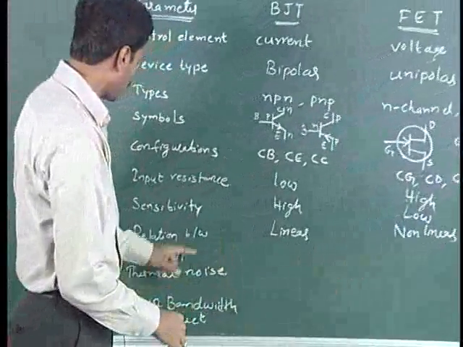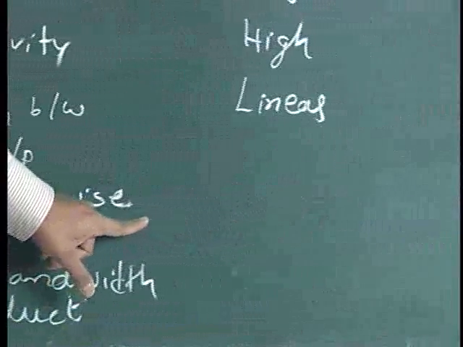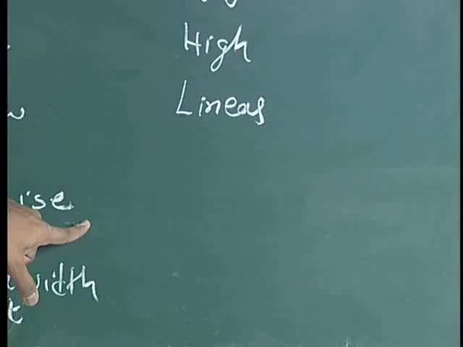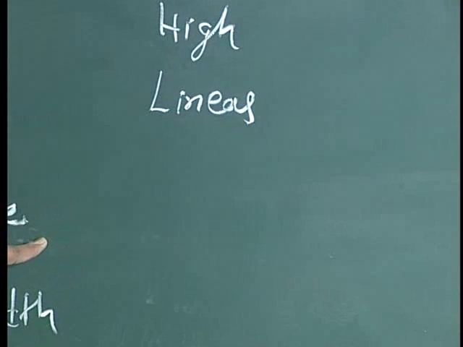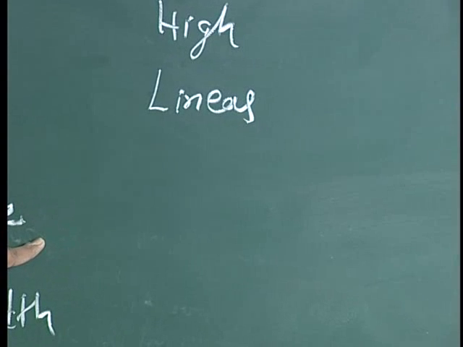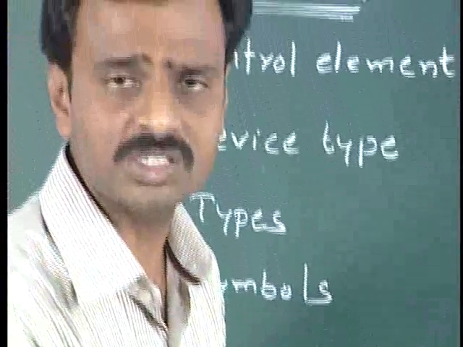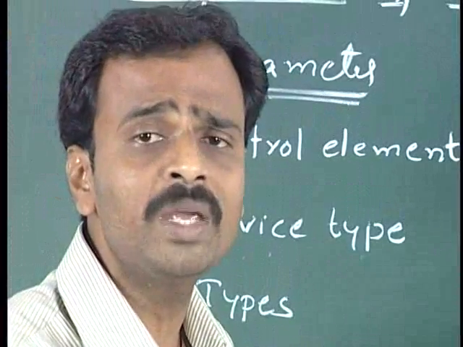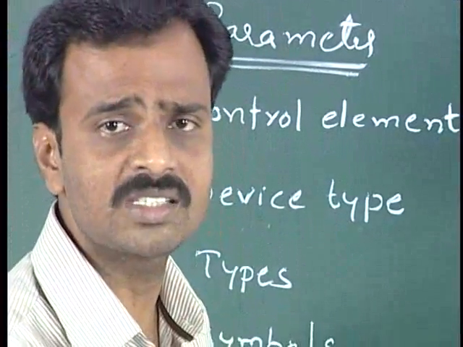The next parameter we have is thermal noise. As we have said, the bipolar junction transistor is called bipolar because the conductivity is due to both types of charge carriers, electrons and holes. Due to this, whenever these charge carriers try to move towards the junctions, the noise created in the device will be high, so the thermal noise produced in bipolar junction transistors will be high, as the conductivity is due to both types of charge carriers.